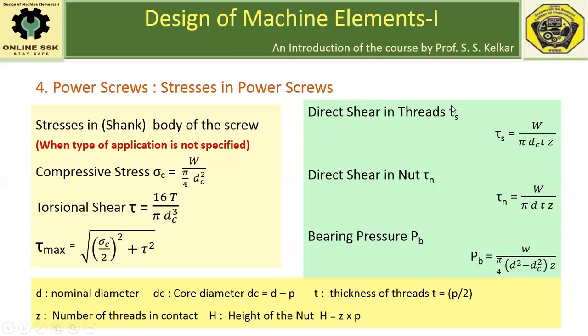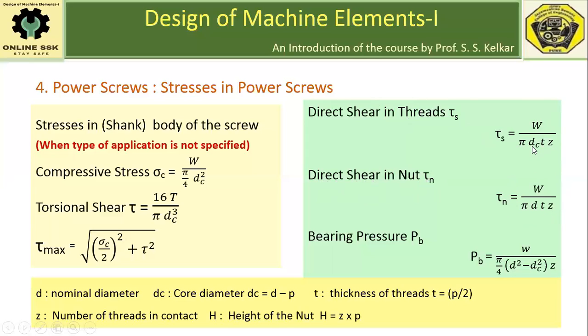So the direct shear stress developed inside the threads of the screw, tau s, will be given by the load divided by shear area. Now this shear area is pi dc t z. What are these quantities? We are going to discuss in a short while. Whereas the direct shear stress developed inside the nut, tau n, is given by W upon pi d t z.